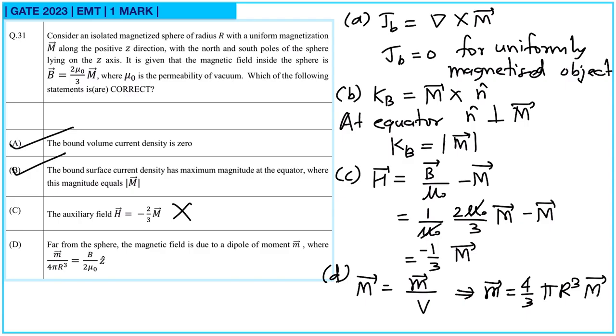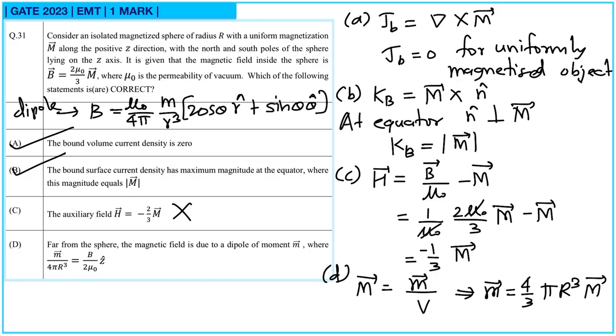And if you want to find the magnetic field of a dipole, then for a dipole, B is equal to mu naught upon 4 pi into m by r cube, in brackets 2 cos theta r cap plus sin theta theta cap.